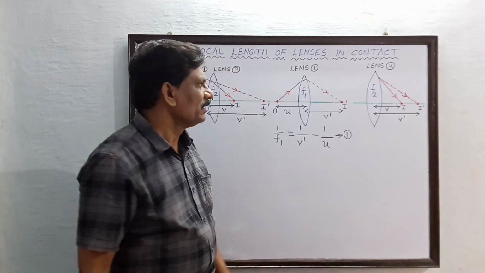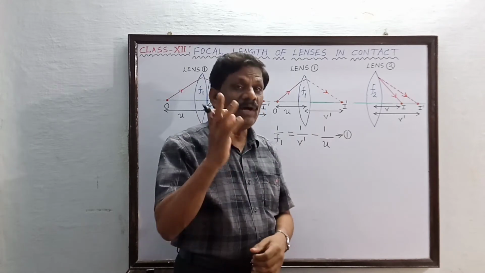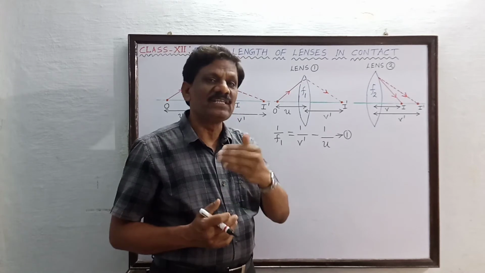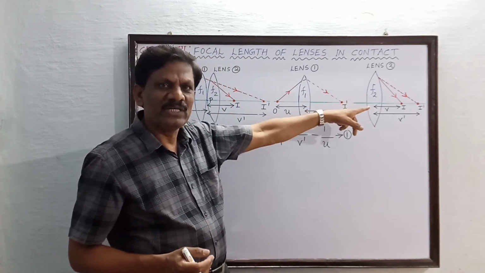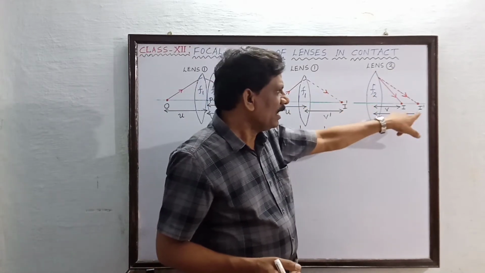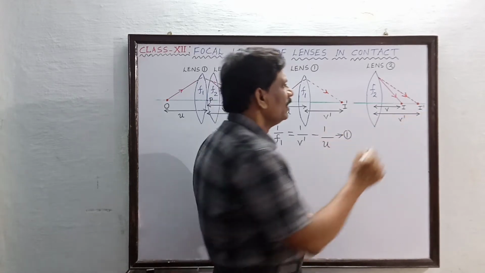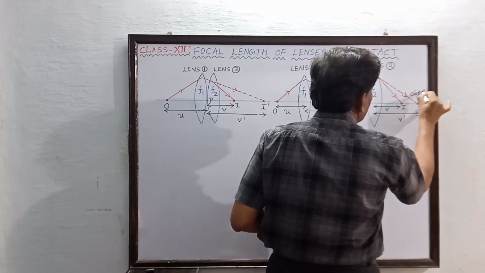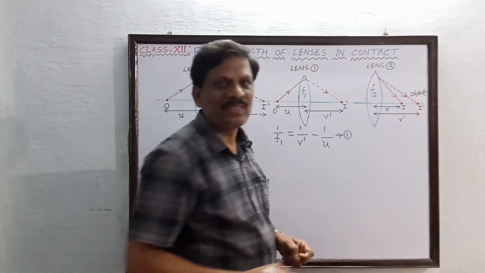Okay. Now this image I dash formed by the first lens is acting like the virtual object for the second lens. Now we can look at the second picture. So for lens 2 of focal length f2, I dash is the object and I is the image.